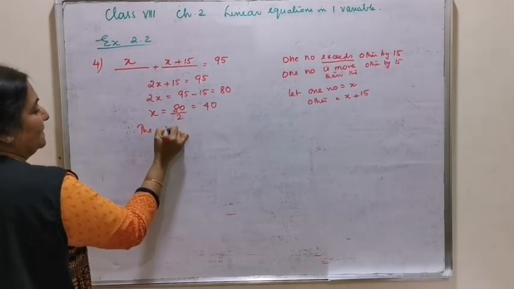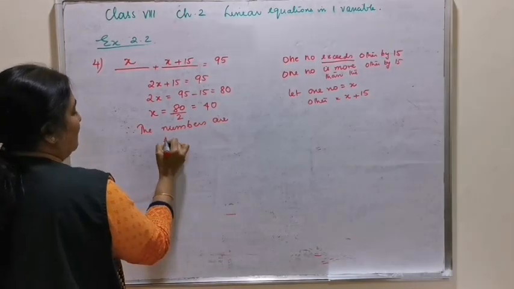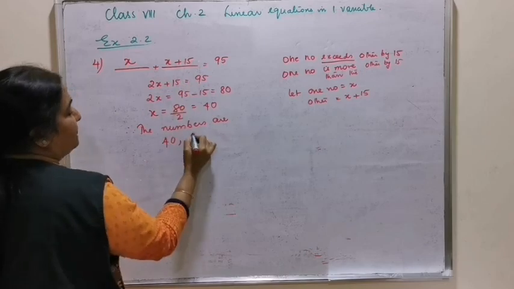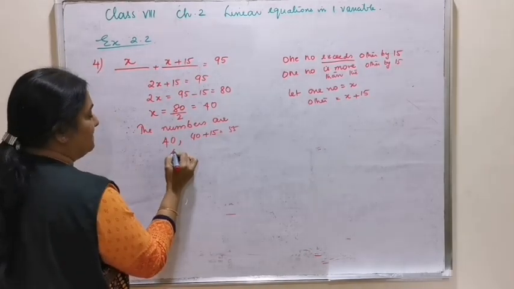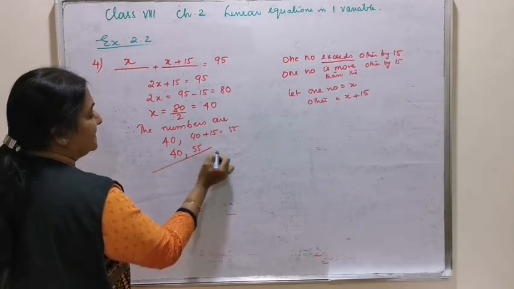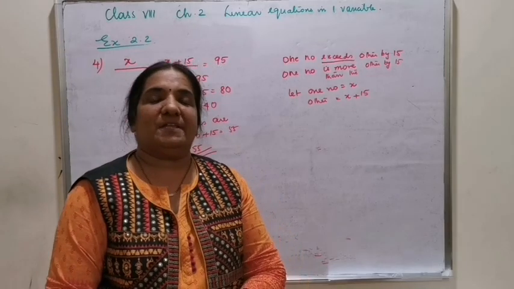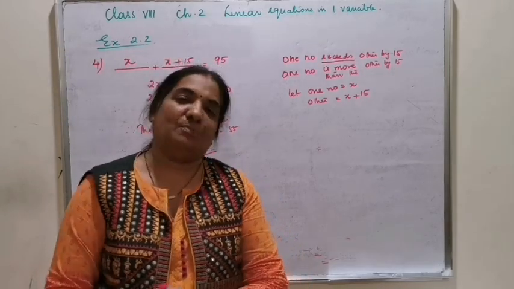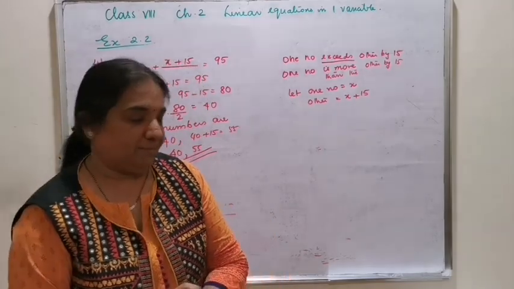Therefore, the numbers are 40, and what is 40 plus 15? It is 55. Therefore, the numbers are 40 and 55. Since the concept is by sum, they have not given you which is bigger and which is smaller. One number is 55 and the other number is 40.